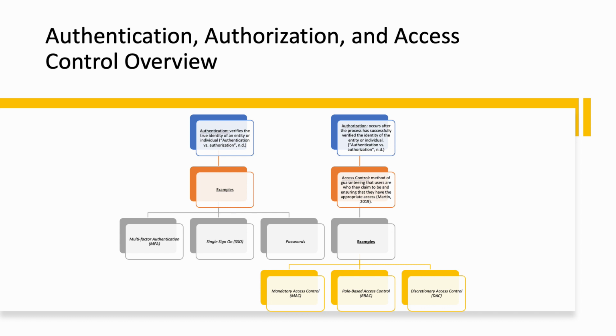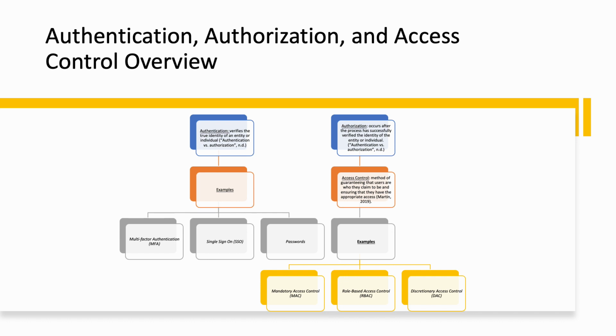Authorization, however, is the other part, which occurs after the authentication process has successfully verified the identity of the entity or the individual. And underneath authorization is also access control, which is a process of authorization that is the method of guaranteeing that the users are who they claim to be and ensuring that they have the appropriate access.